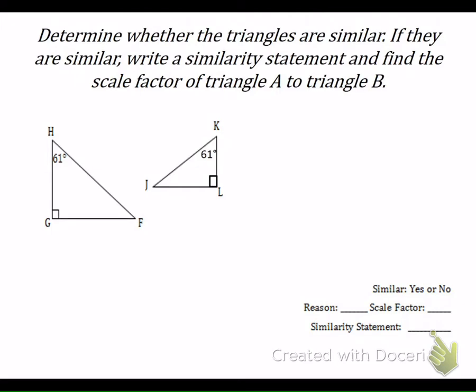What are you noticing? I see a 61 and a 61 and a box and a box. What do those mean? These are right angles. Good. So 90 degrees and 90 degrees. 61 and 61. Does that sound like anything we talked about today?